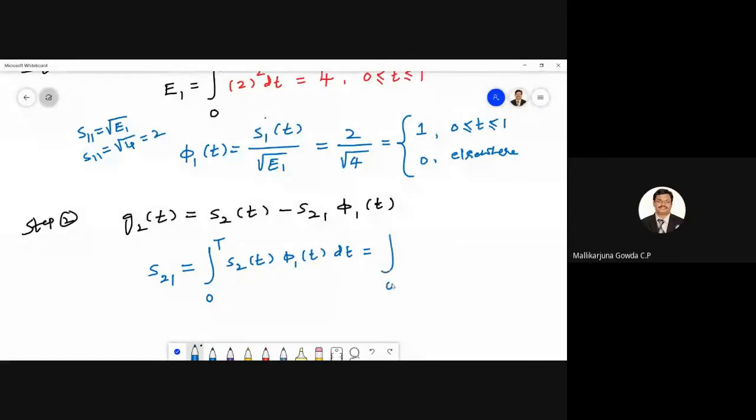I can write 0 to 2. The value of S2 of t is -4 and the value of pi 1 of t is 1, right? Into dt.